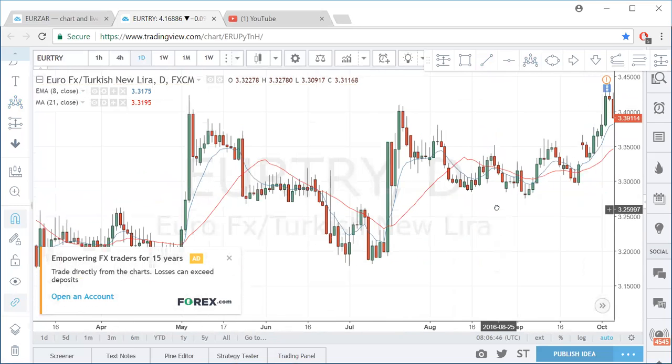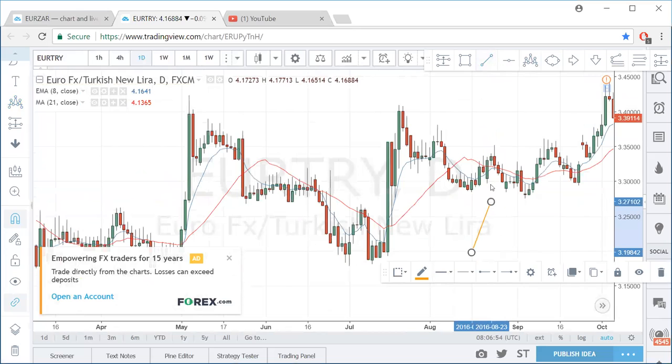Okay. Another pattern I want to teach you aside the head and shoulder is the M and W pattern, right? So you have your first leg forming here, right? Then your second leg also forms.